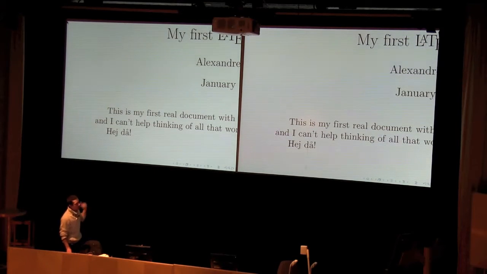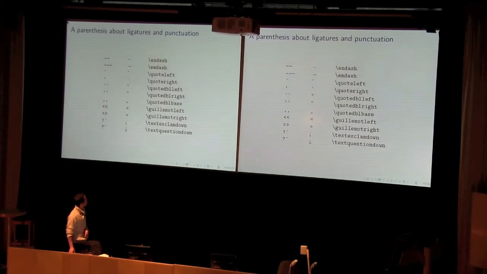So why is this important? Because this is not the only thing that ligatures can do. Here is what ligatures mainly can do for punctuation, for example. So sometimes you want to put a character you don't have on the keyboard. So you have two ways to do it. Either a command, which is sometimes long.